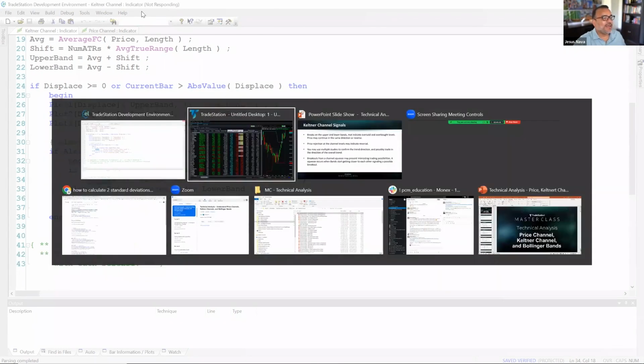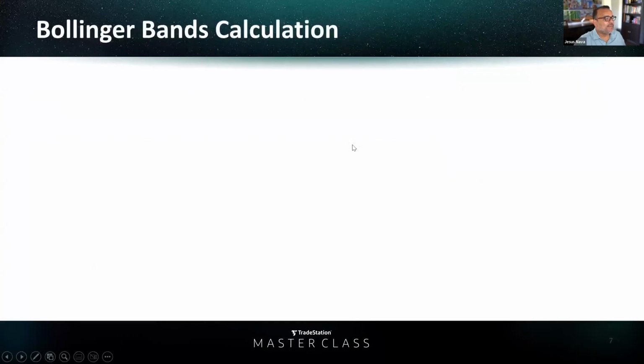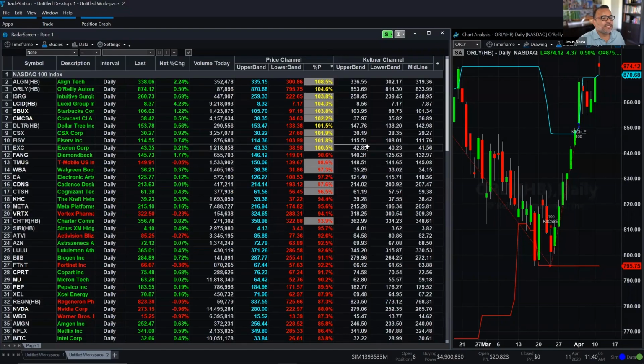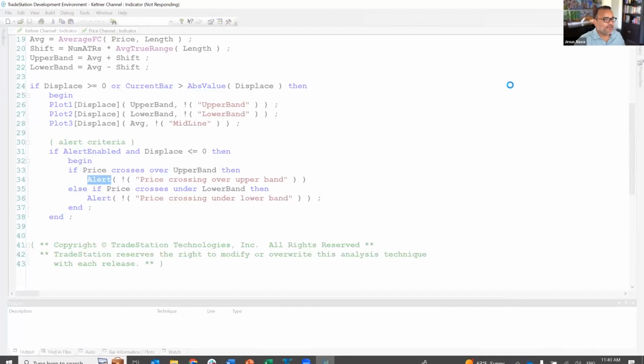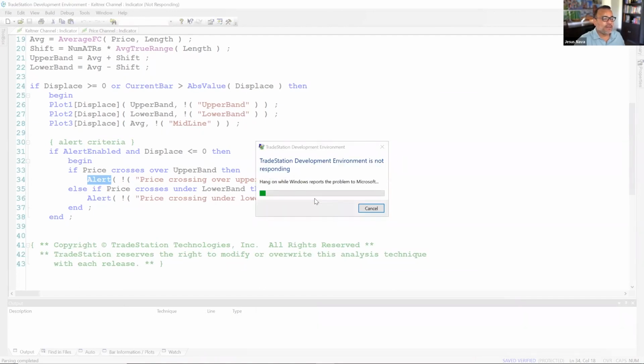At this time, the next band indicator that we were going to look at is the Bollinger Band. TradeStation seems to be okay. It just seems like the development environment may have stopped responding. Let me go ahead and close out of the development environment. I'm going to try opening that indicator one more time.